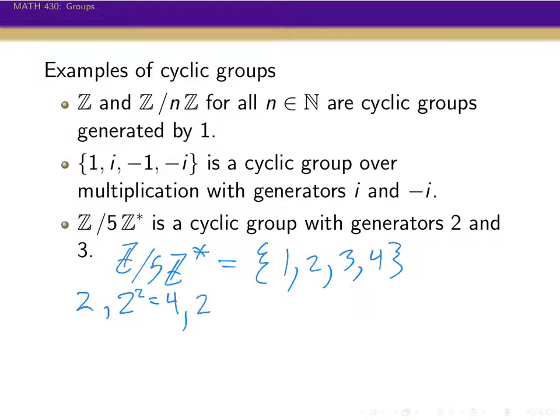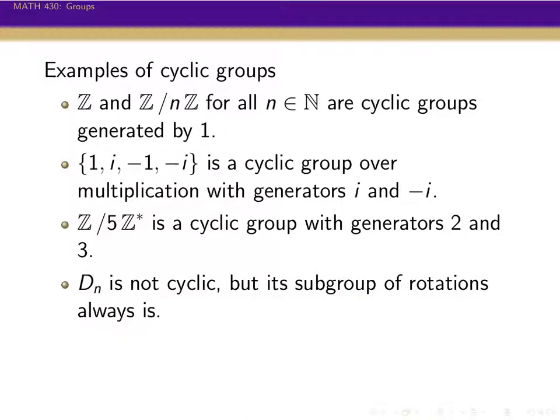If we cube 2, we get 8, which is congruent to 3 mod 5. Then if we multiply by one more 2, 2 times 3 is 6, and so 2 to the 4th is congruent to 1 mod 5. And so in these powers of 2, we've gotten 2, 4, 3, and 1. We've gotten all of them through these powers of 2.